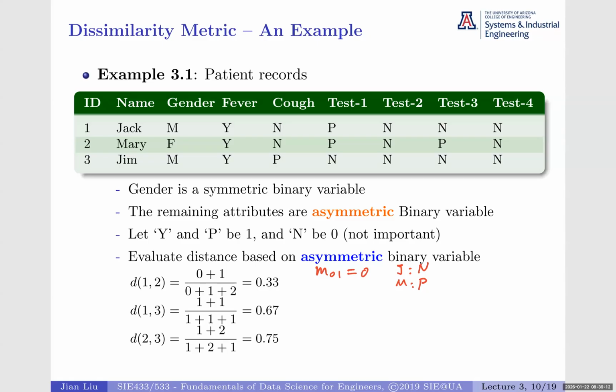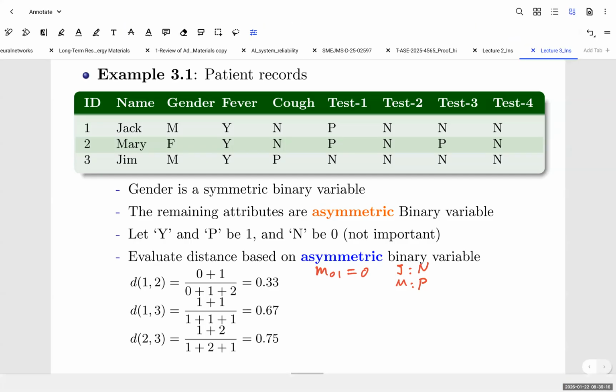Actually, M01 is equal to 10. M10 means Jack is positive, and Mary is negative. That is equal to 0, right? From this 6.